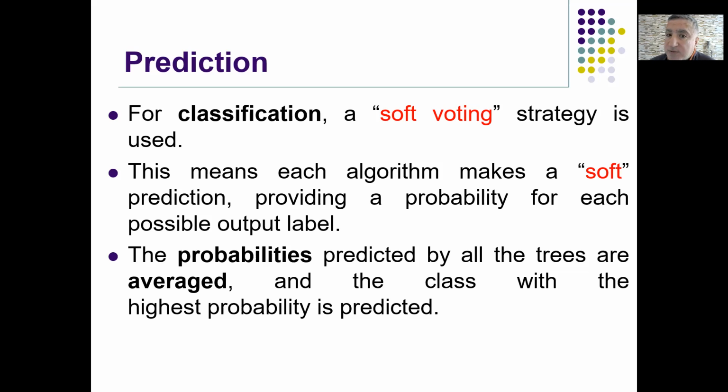Do you understand the difference between soft voting and hard voting? In soft voting, you provide your class prediction with a probability. Then we get these probabilities from each decision tree in the random forest, average them, and then decide the class with some probability.